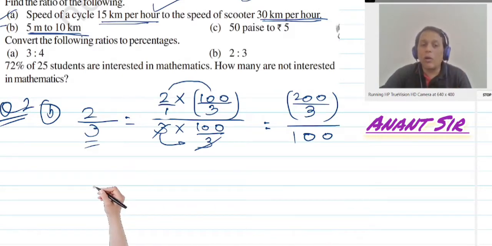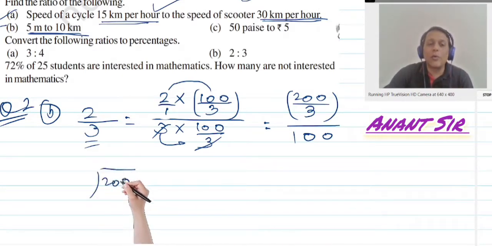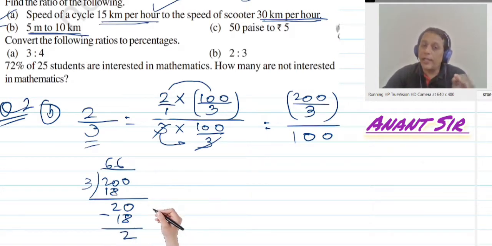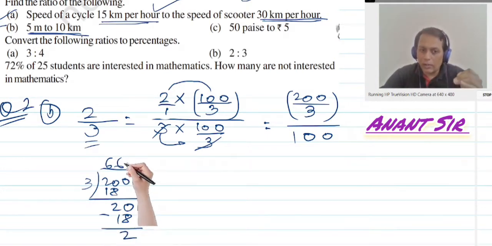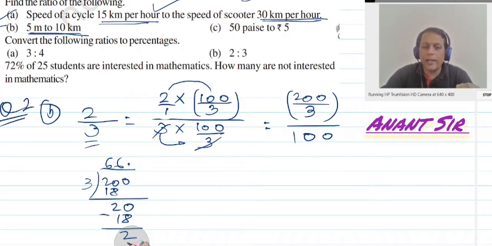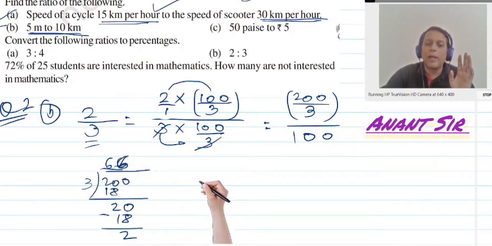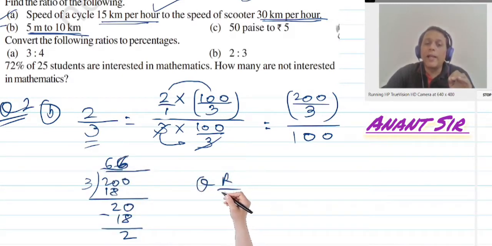Now I am going to solve 200 by 3, okay. 200 divided by 3. 3 6s are 18. 20, again 3 6s are 18, it's 2. Now I can write the answer in decimal also. If I put a point here, 0 here, I can find the answer in decimal, or I can write it in mixed fraction also. So I am going to write in mixed fraction form. So it is quotient, remainder upon divisor.